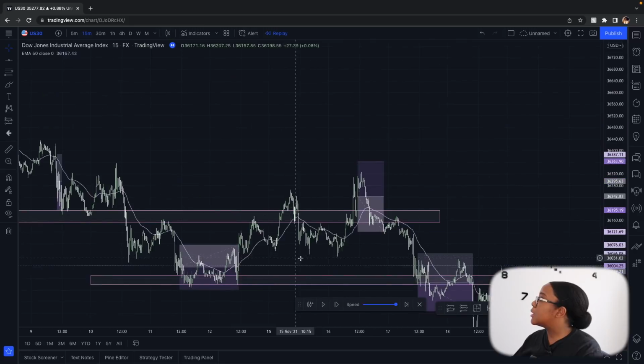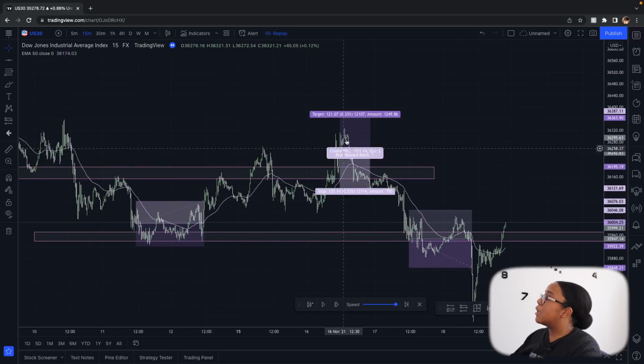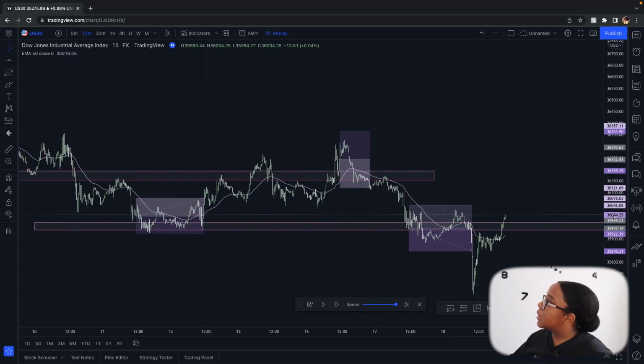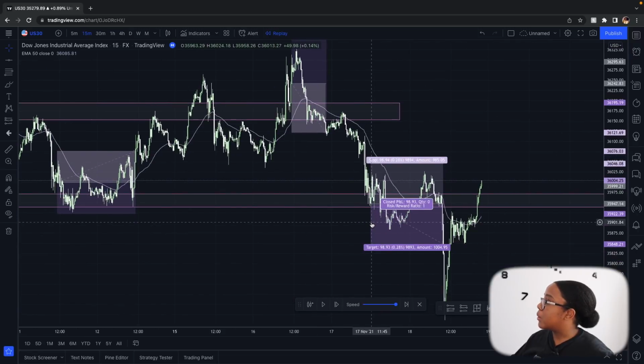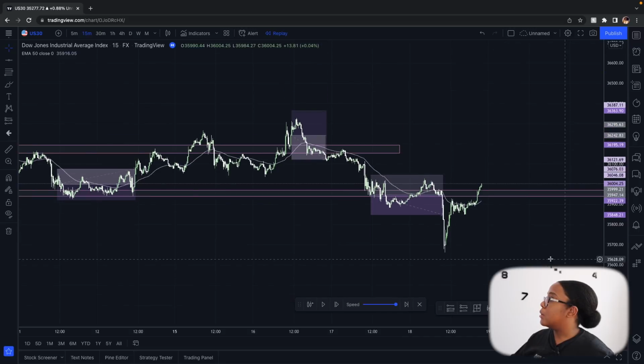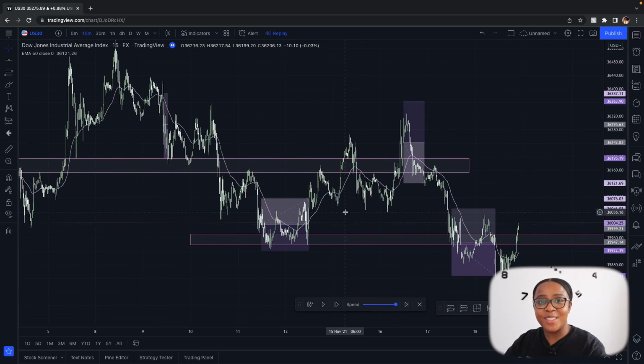That was a loss. Then next trade I took was on the 16th, which was the Tuesday of the next week, around the same time. Took a long position, but got stopped out. And then my last one was around the same time on the 17th, the Wednesday, shorted the Dow and it was a win.